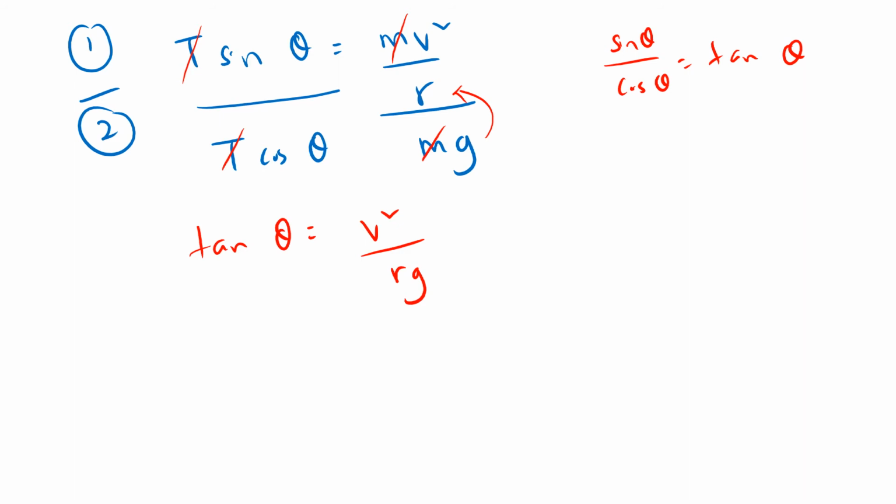Okay, so from here we substitute the value. The V is already given, so what is our V? My V here is 2 squared, R is 0.3 and G is 9.81. Okay, so from here you will get a value. Then shift tangent.